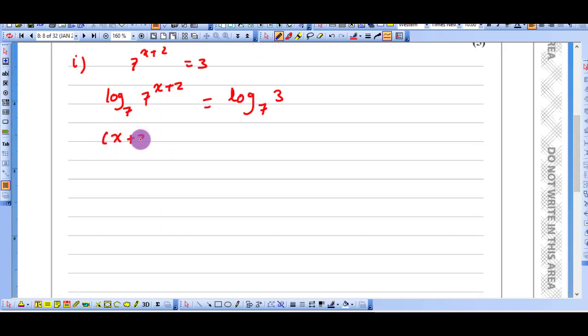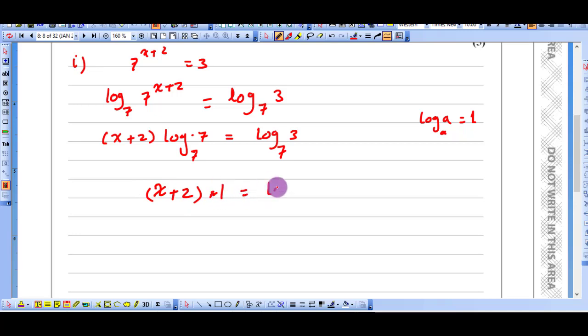So we will have x plus 2 log base 7 of 7 equal to log base 7 of 3. So we know that log base a of a is equal to 1. So we will have x plus 2 multiplied by 1 is equal to log base 7 of 3.